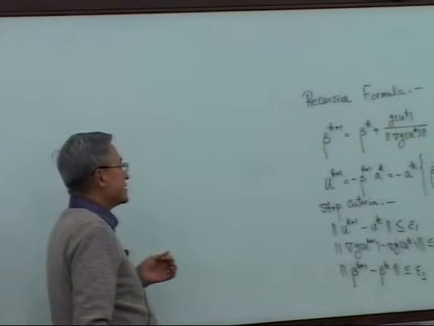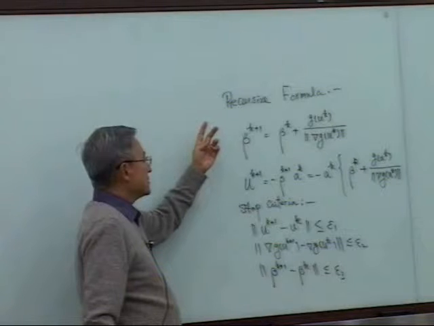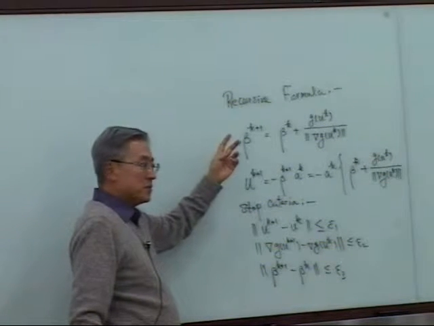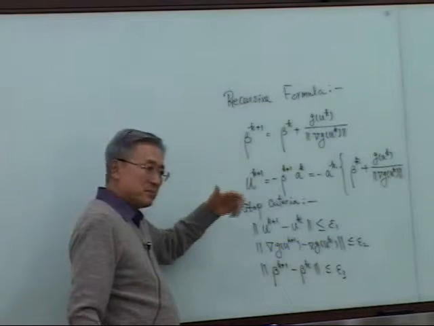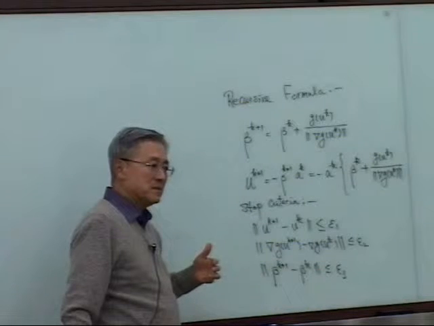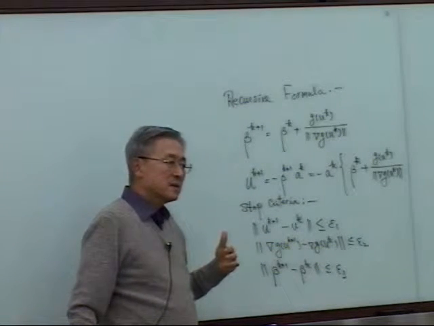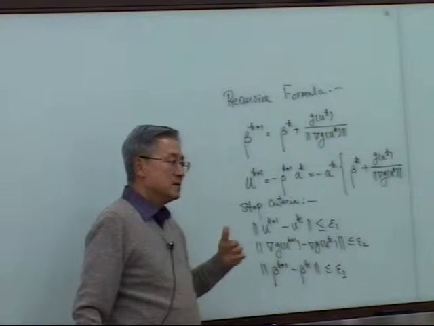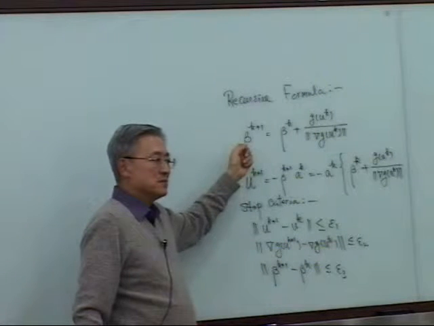Okay, the two equations that we discussed last week, the recursive formula is a beta. So the beta value we have to keep iterating. What's the beta value? Physically, what does it mean? Ilyong, what's the meaningfulness of the beta value?